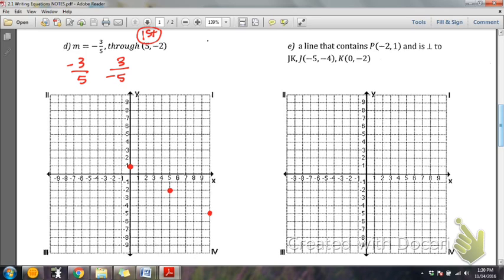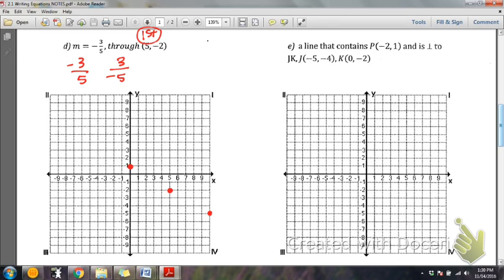So whether I use the negative going down and then over or up and back, I should still be in line. Do you see how my 3 dots are in line? You said no, Quentin? You okay now? All right.